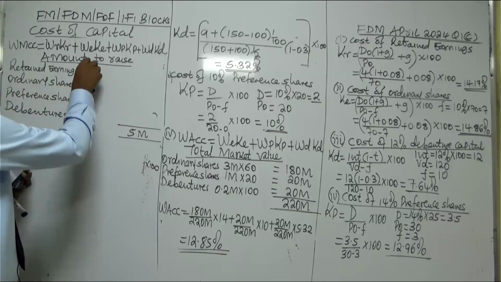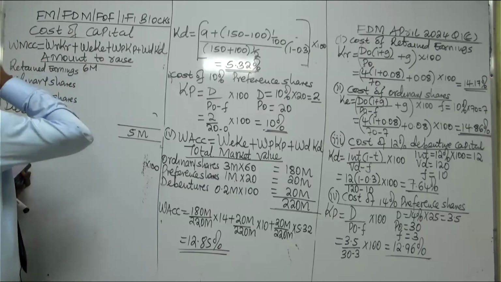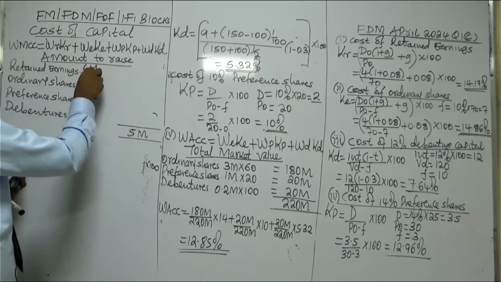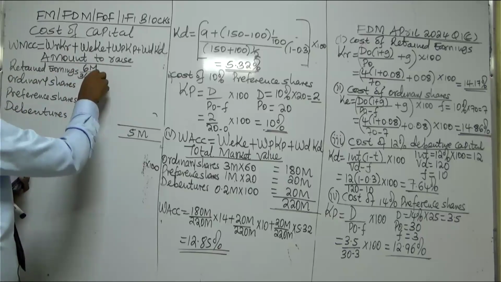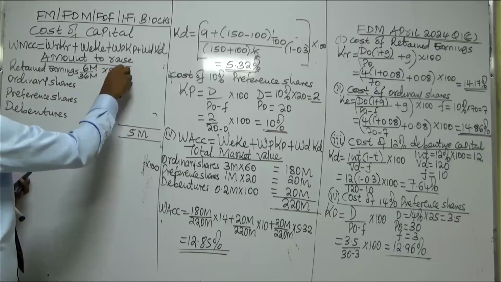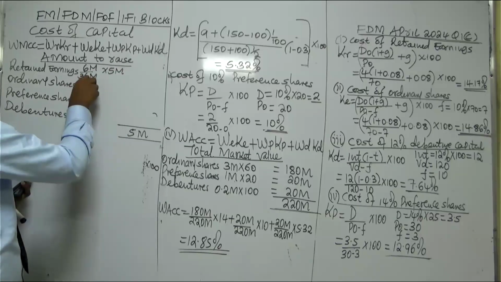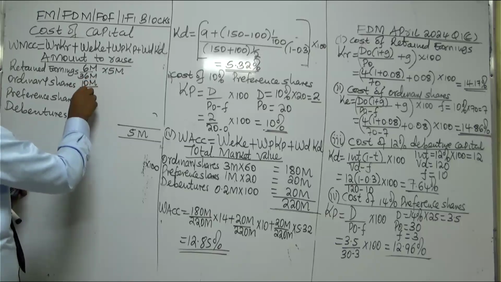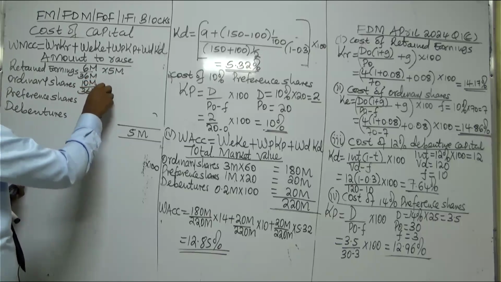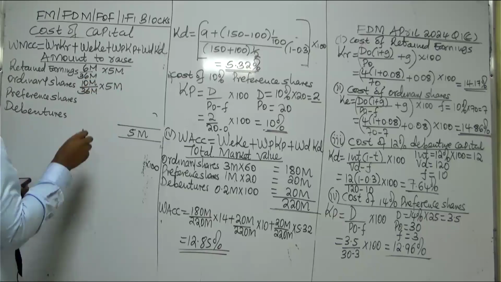Reserves was 6 million, you divide by 36 million. You multiply by the total amount to raise. Same case for the ordinary shares, you will take the 10 million, divide by 36. You also multiply by 5 million.